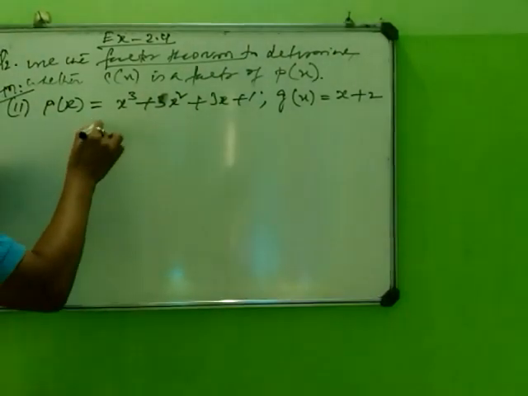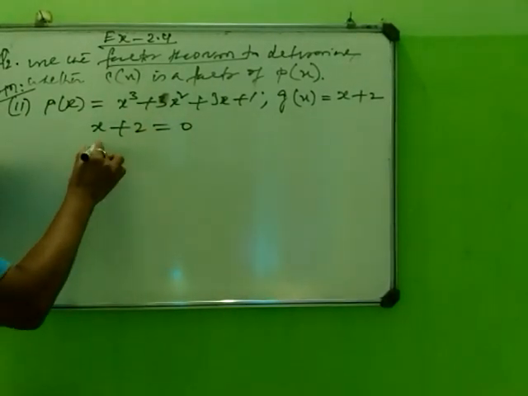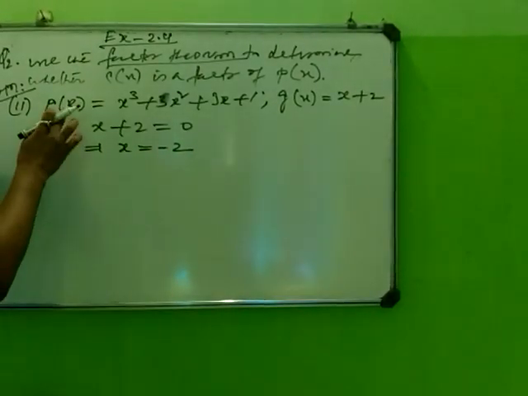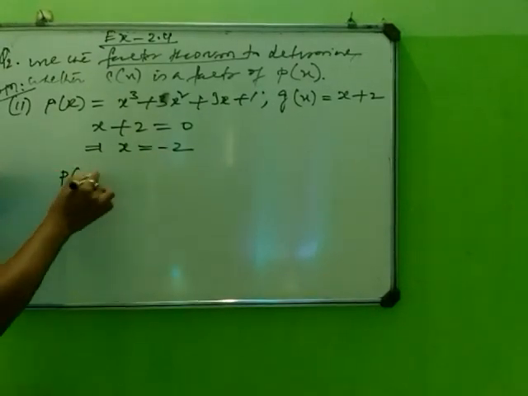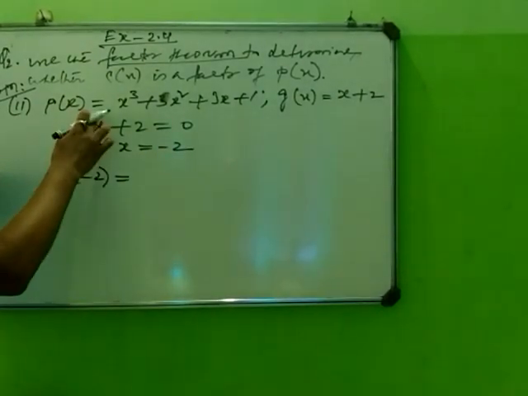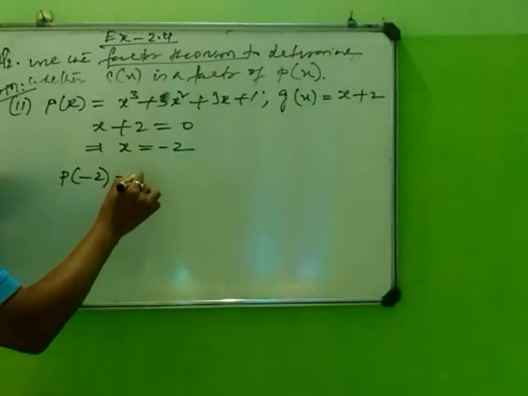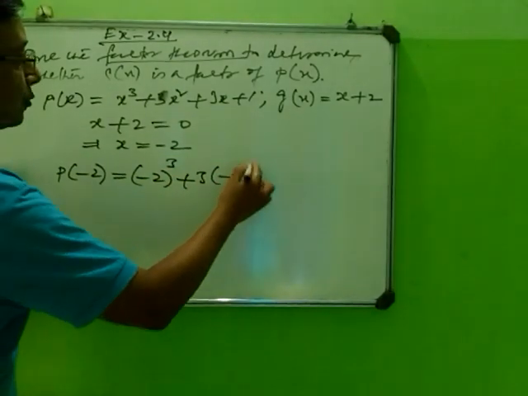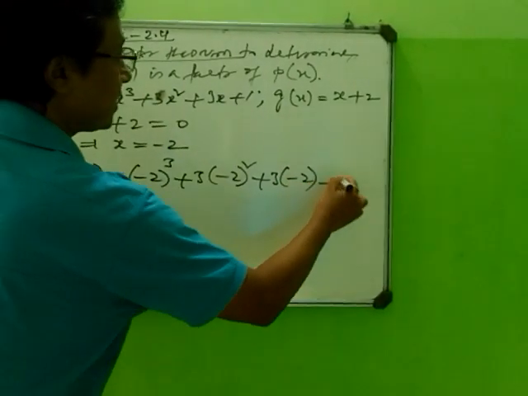So here x plus 2 is equal to 0. So this gives x equals minus 2. So now x will be replaced by minus 2. So p of minus 2 equals, all these x values will now be minus 2. So it will be minus 2 whole cube plus 3 into minus 2 whole square plus 3 into minus 2 plus 1.